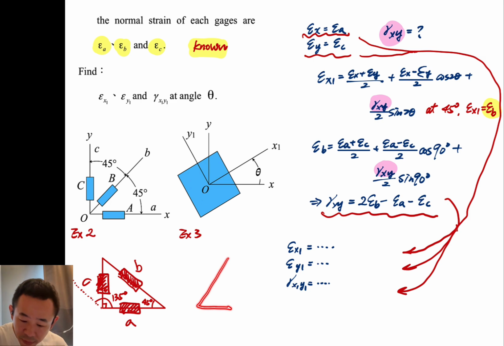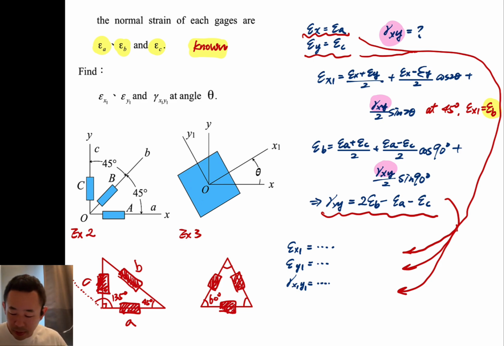Or you can have another possible example. 60, 60, 60. All right. So it will be more complicated, but now you know that you have three unknowns and three equations. So you can always get the value.